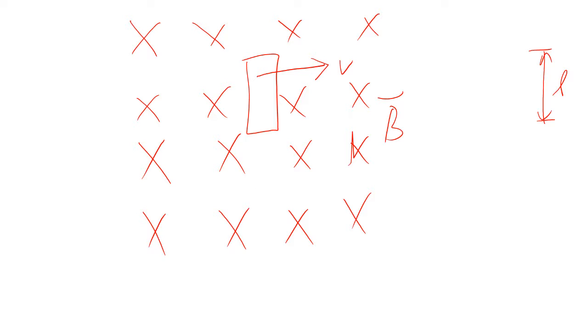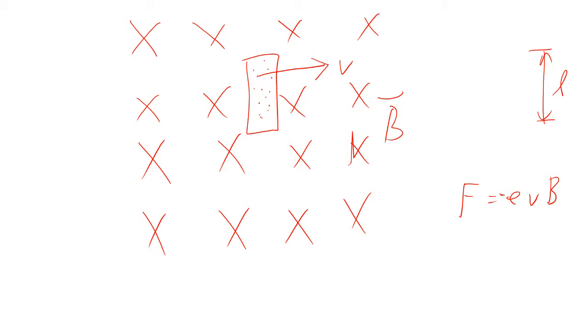Okay, so what's happening inside there? Well, inside the conductor, it's really made up of a whole bunch of electrons. So using the right-hand rule, there's a force on each electron, F equals qvB. Since they're electrons, the q is actually the fundamental charge, so it's negative.